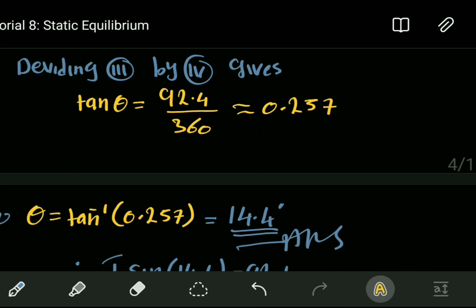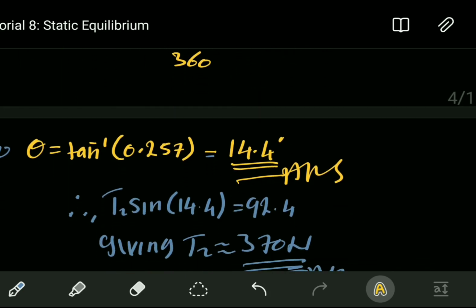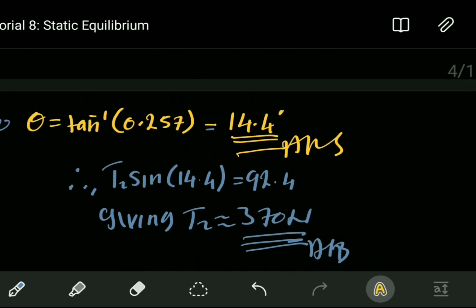We find theta to be 14.4 degrees. After having found theta, we can easily find the value of T2 by substituting theta into T2 sine 14.4 equals 92.4, from which T2 is going to be 370 newtons.